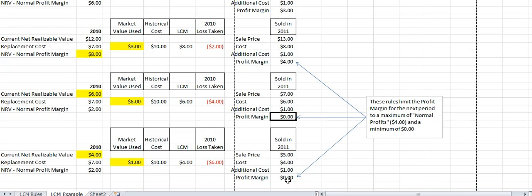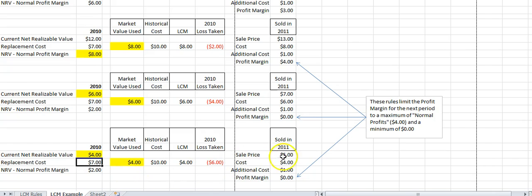In other words, you're not going to get negative profit margins in the future if you follow lower of cost or market, LCM, in your inventory. So here the sales price went down even more. The sales price is actually lower than the replacement cost. It doesn't make sense, but I'm trying to give you this example so that we understand the purpose of LCM.